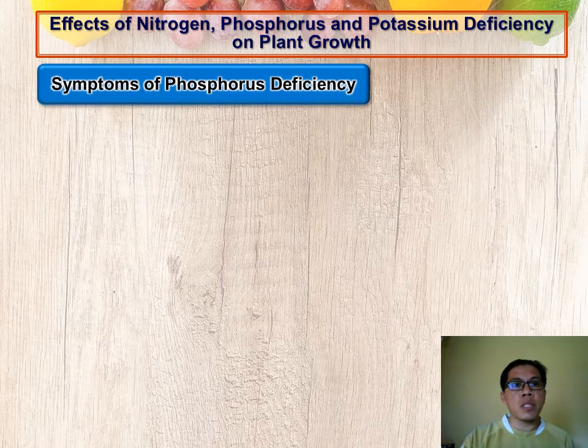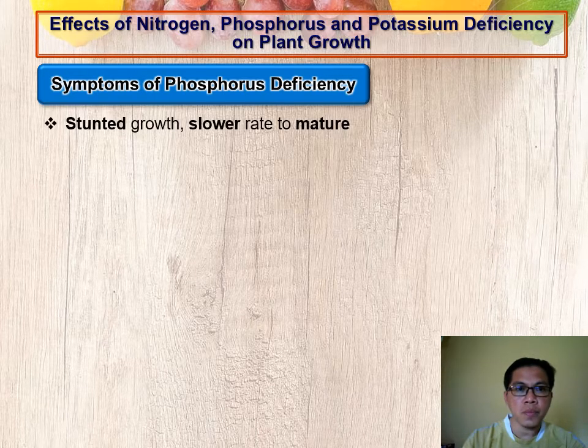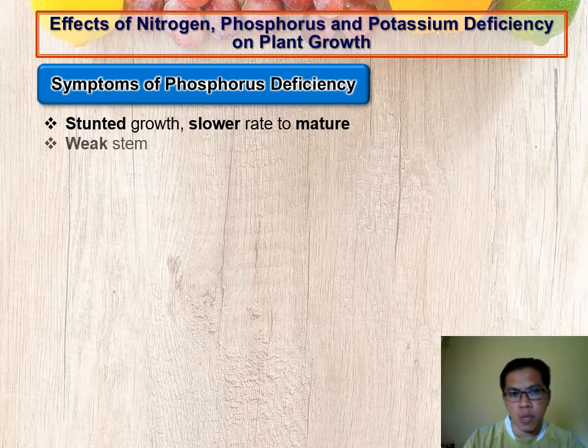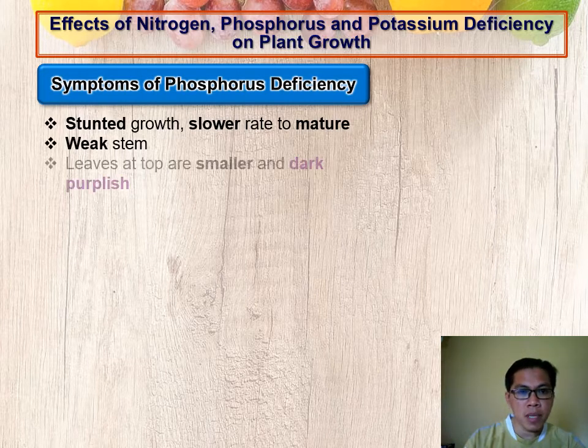Okay, now we go to symptom of phosphorus. Kesan-kesan kekurangan phosphorus. Stunted growth, sama macam nitrogen. Slow rate to mature, lambat untuk matang, lambat untuk keluarkan buah. Weak stem, batang yang lemah. This is the important part.